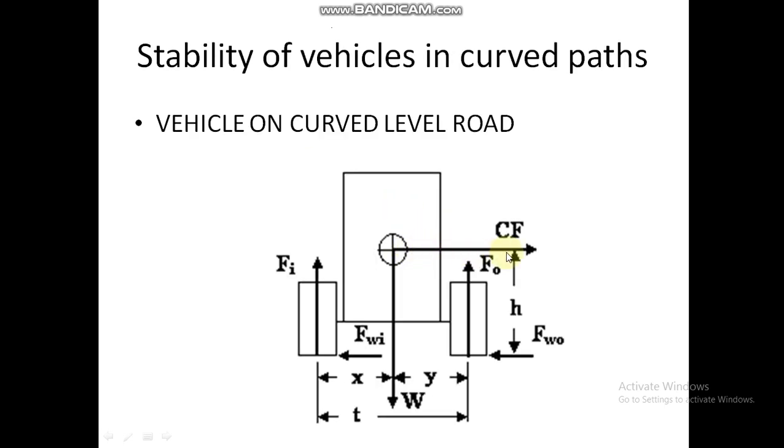When this centrifugal force CF, which is acting towards the right direction, becomes greater than Fwi and Fwo, then your vehicle will start to slide or skid. If your centrifugal force becomes greater than the sum of Fwi and Fwo, then your vehicle will skid towards the right side.